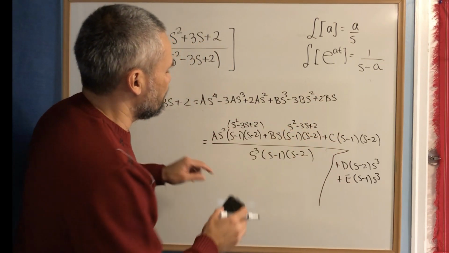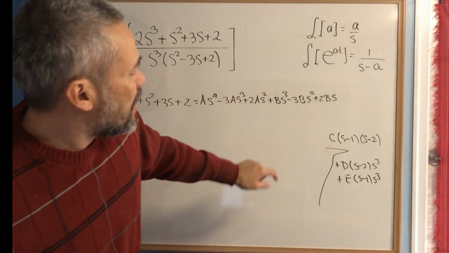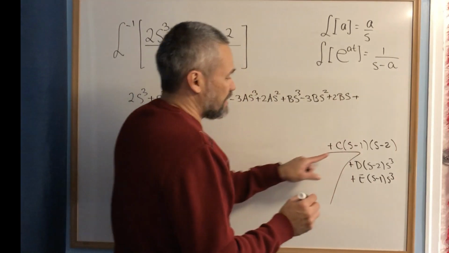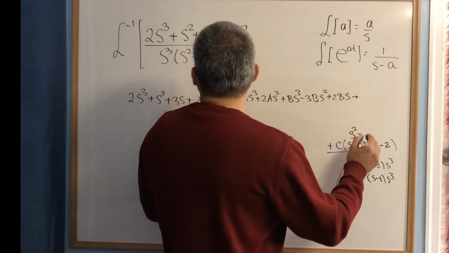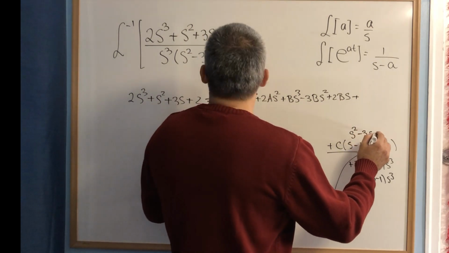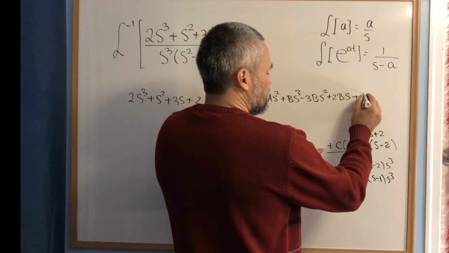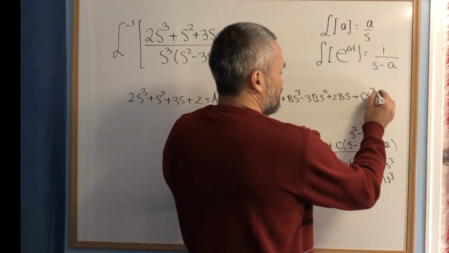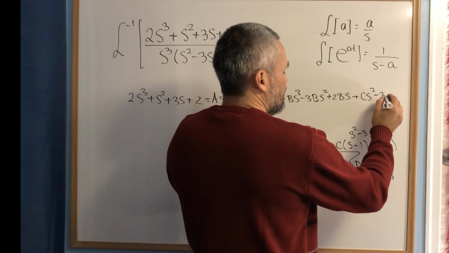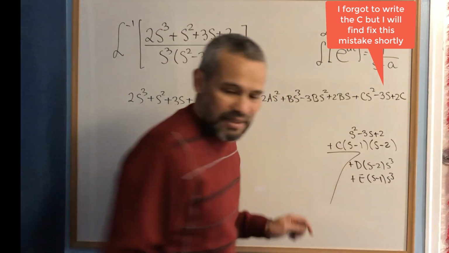I have taken care of this part. Plus, remember that s minus 1 times s minus 2 can be seen as s squared minus 3s plus 2. Then we have here plus c s squared minus 3c s plus 2c.